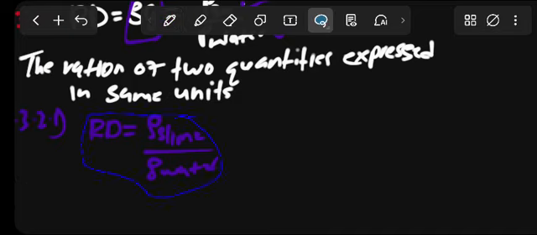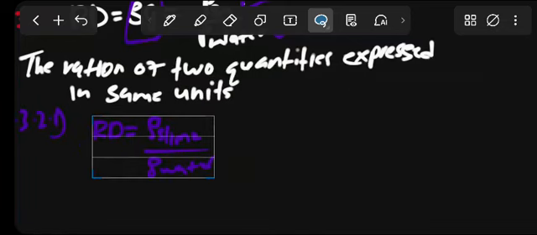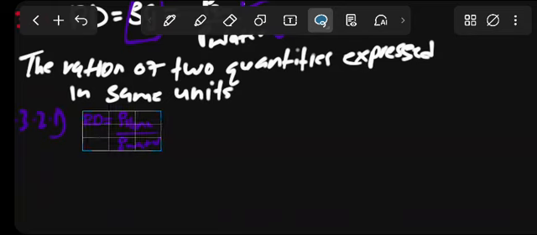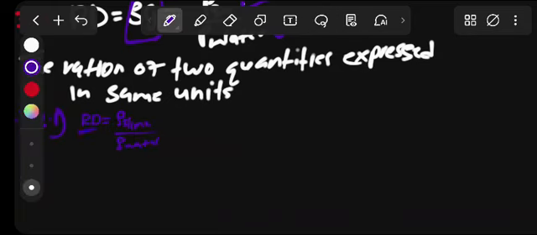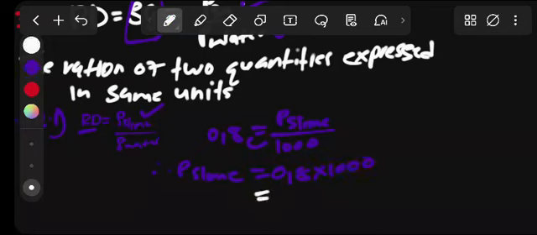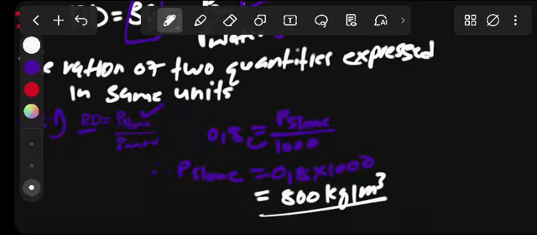We know the relative density is 0.8, we want the density of the slime, and we know the density of water is 1000. Multiplying, 0.8 multiplied by 1000 equals 800. That is our density there.